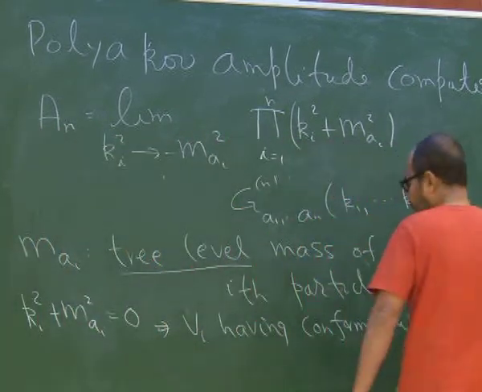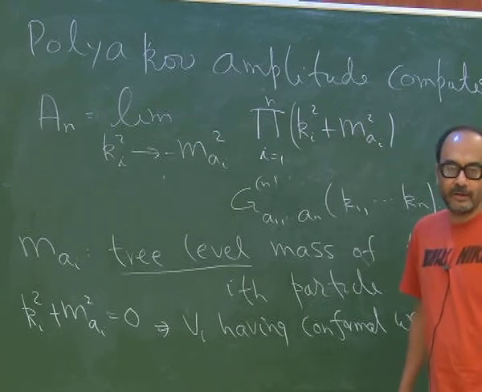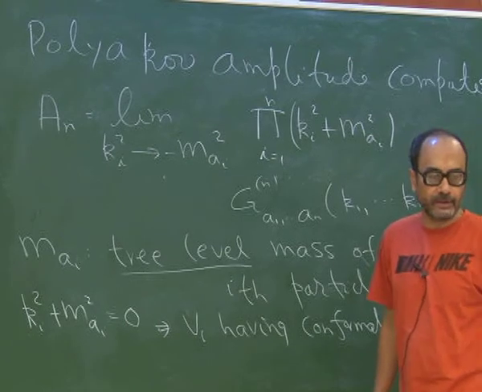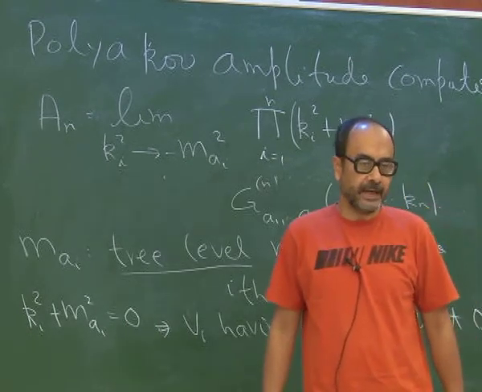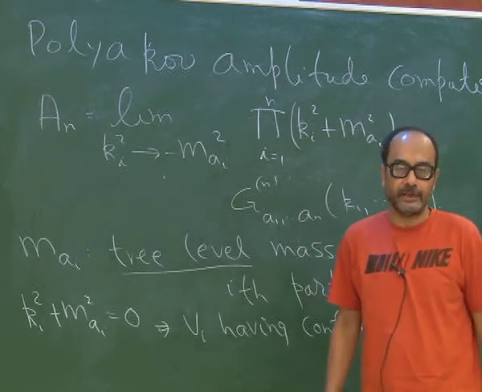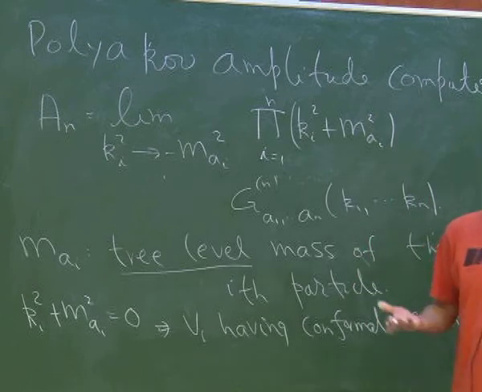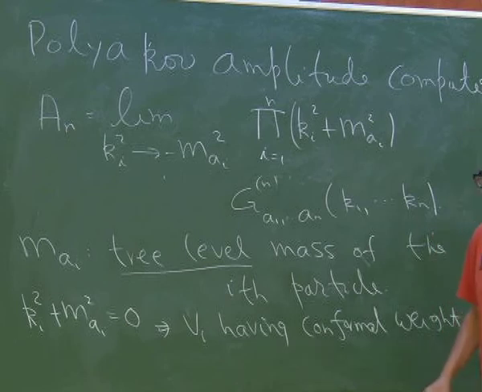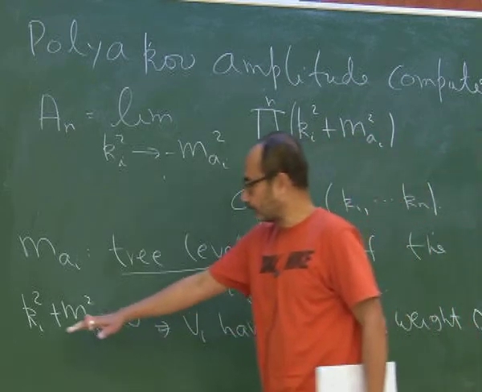Having conformal weight 0 is a statement that you have at tree level, on the sphere. You describe conformal field theory on the sphere, and based on that analysis you determine the on-shell condition, namely the V_i's have to be conformally invariant, and that translates to this on-shell condition over here.